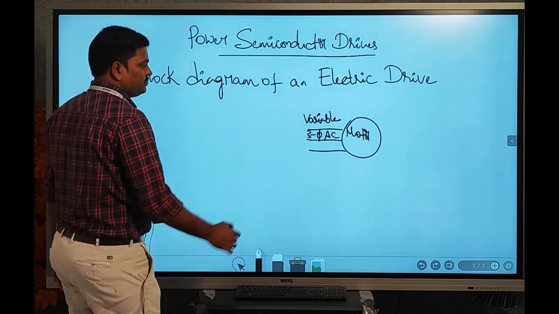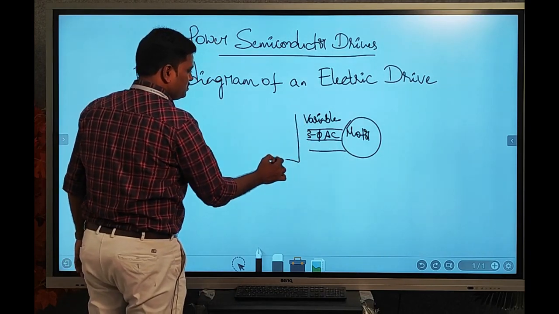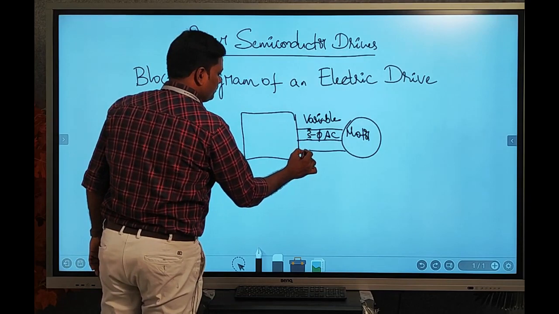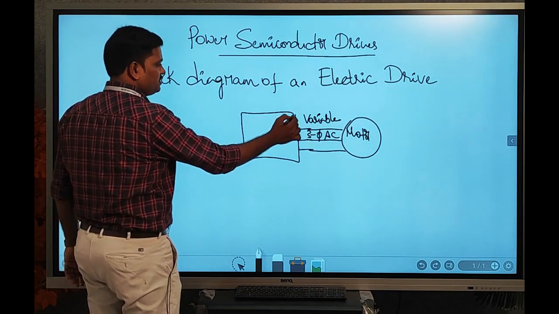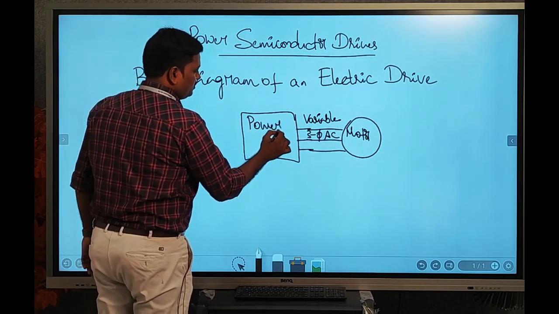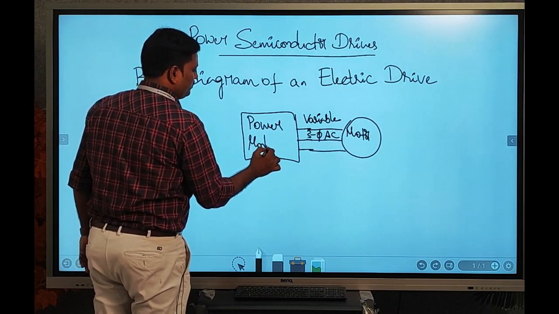Since ours is a power controlled device using a power modulator, the three-phase variable AC is being supplied by a power modulator, an inverter in this case.